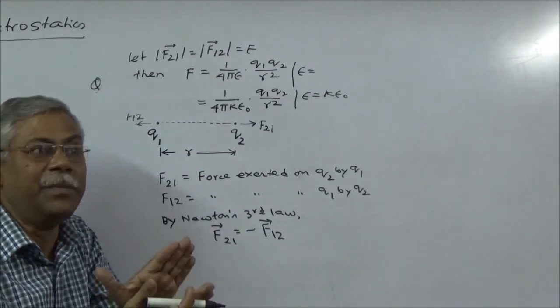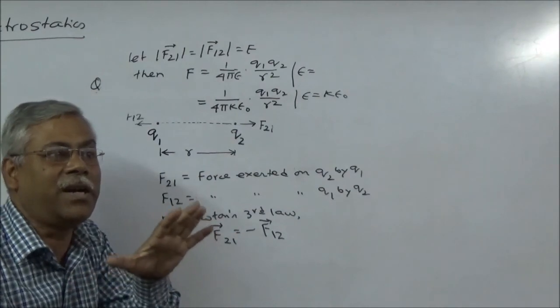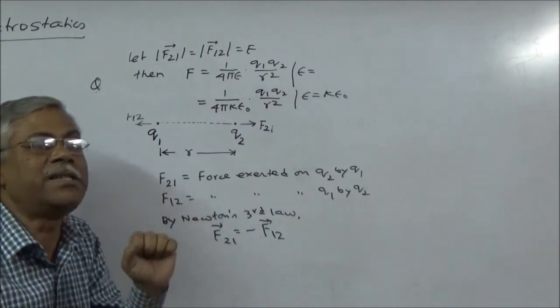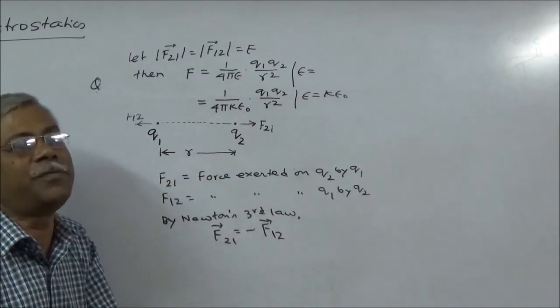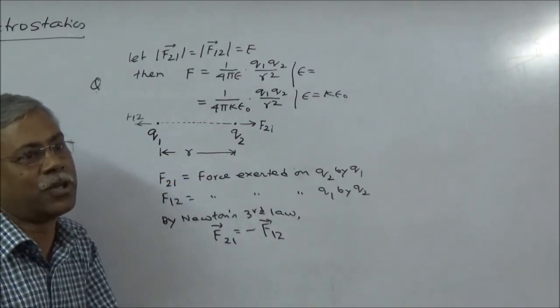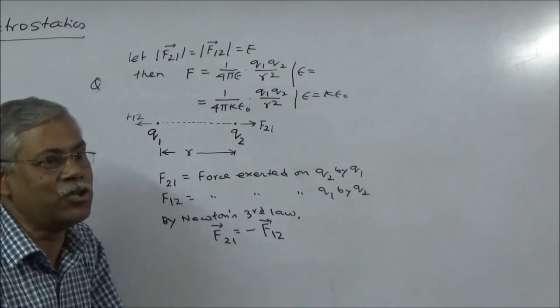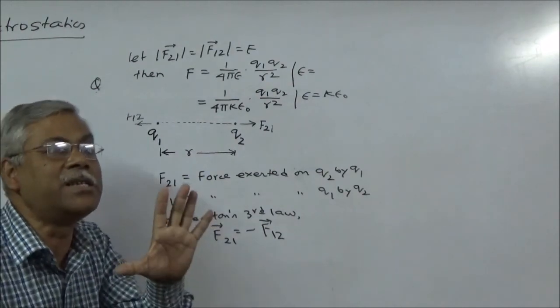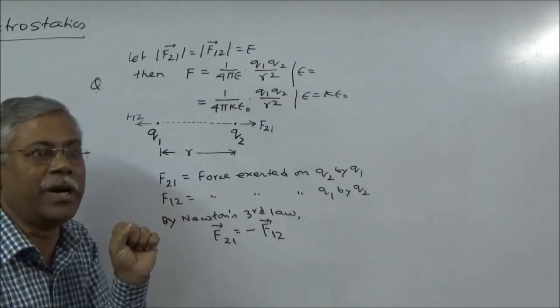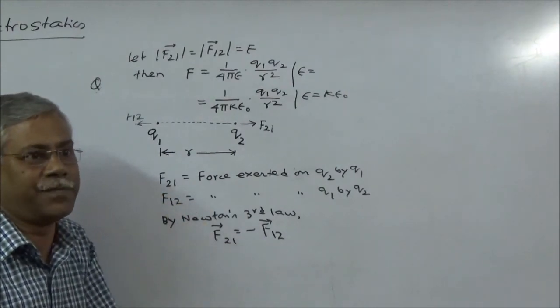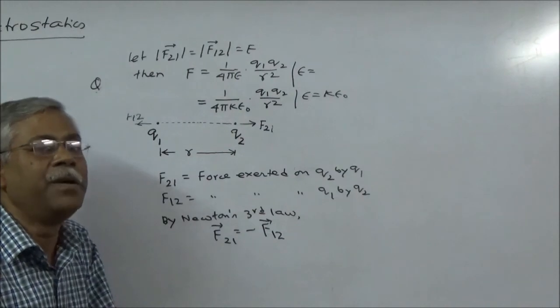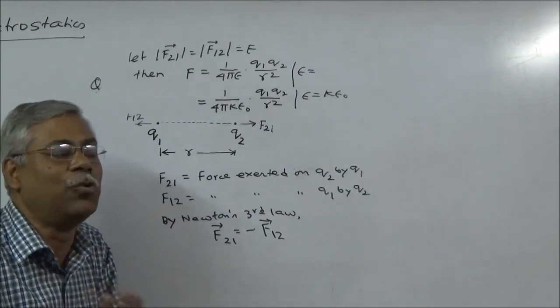So the medium in which the charges are existing has a role to play in deciding the magnitude of the force. And this contrasts with gravitational force. In the case of gravitation, medium does not have any role to play.